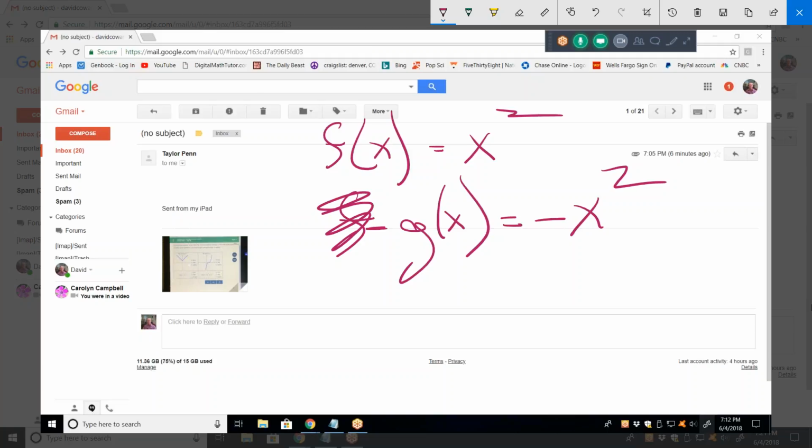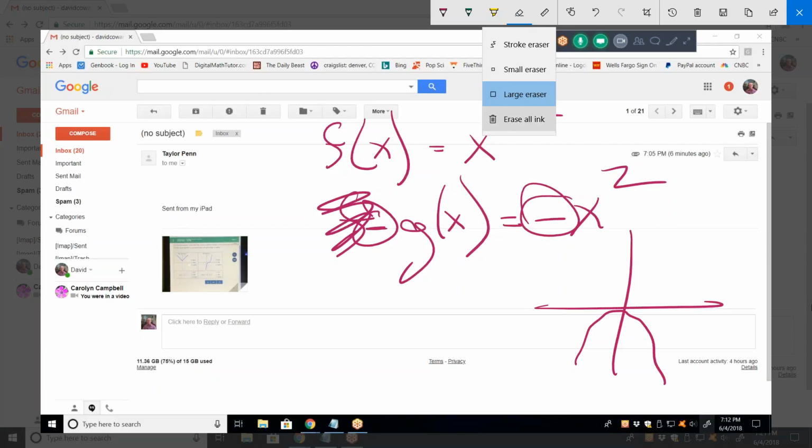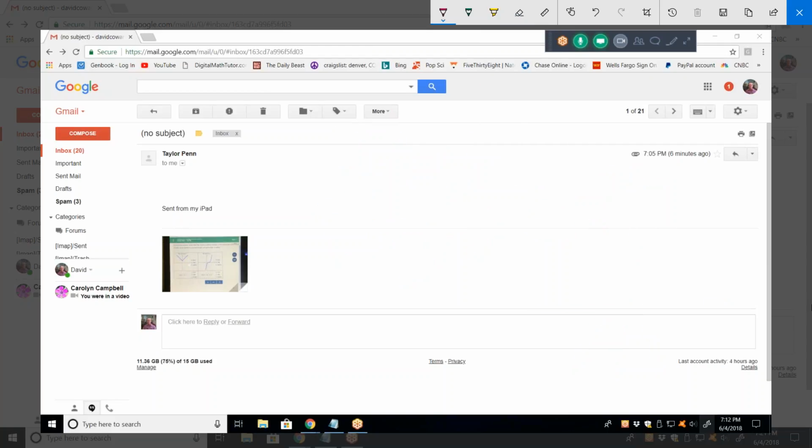So the negative sign is outside the function, so it's a vertical reflection, which means a reflection over the x-axis. In other words, it would be like that instead of the other facing. Wait, so say that every time if it's outside, it's over the x, and if it's inside, it's over the y? Yes.